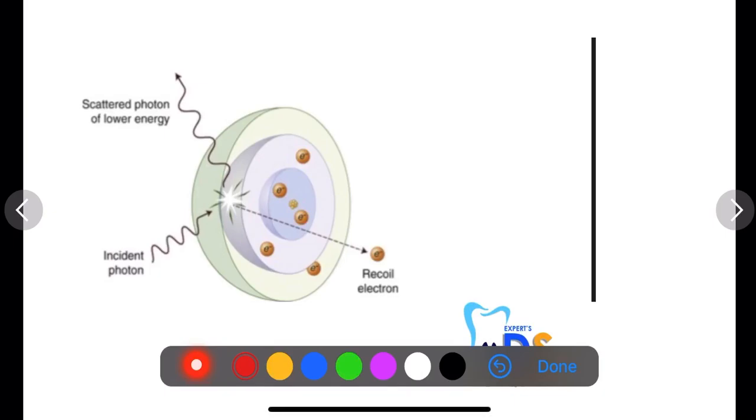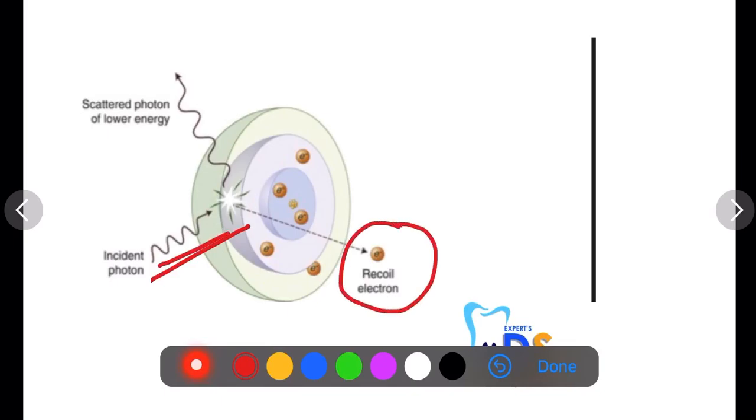Here, what exactly happens is that the incident photon recoils the electrons from the point of impact, and the photon gets scattered at a different angle. This scattered photon will not remain quiet; it will go and hit the neighboring atom or the neighboring electron, and the process goes on.